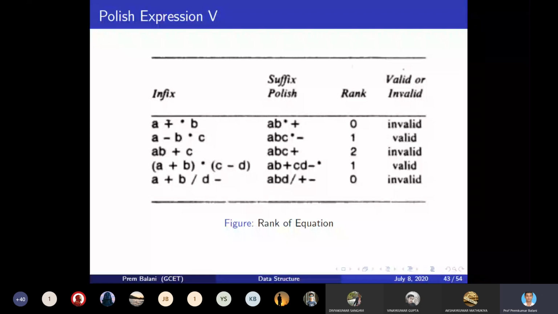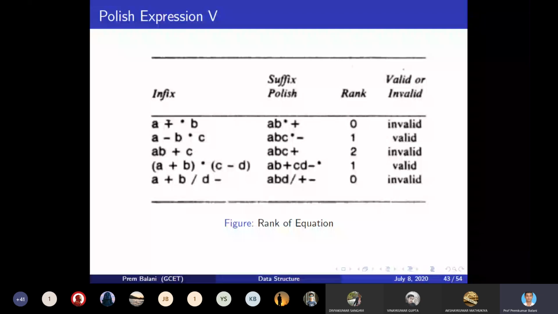Here in the PPT you can see there are 5 arithmetic expressions, and the rank of all these 5 expressions is displayed, and in this only those expressions having rank 1 are valid, and the rest 3 are not valid arithmetic expressions.